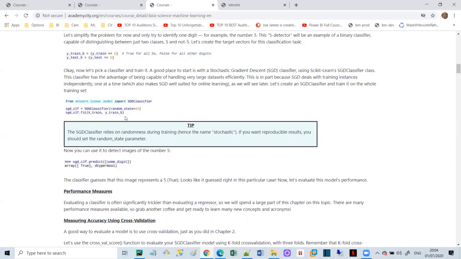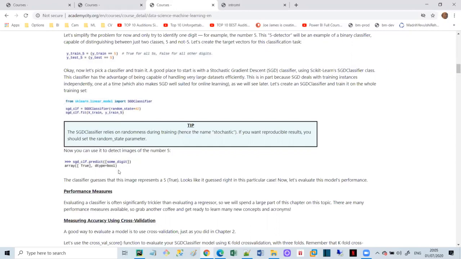So it is learning from the 60,000 rows and the 60,000 labels. Now it has learned, so it's kind of keeping it to itself. So SGD, CLF, is really an object that already knows the relationship between a long row and what number it represents. That's how we train the algorithm.